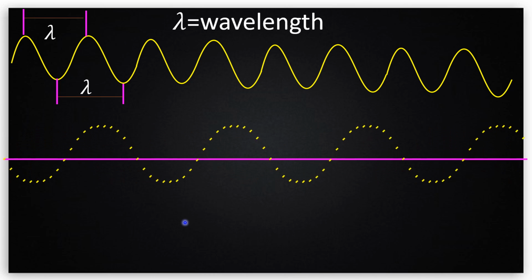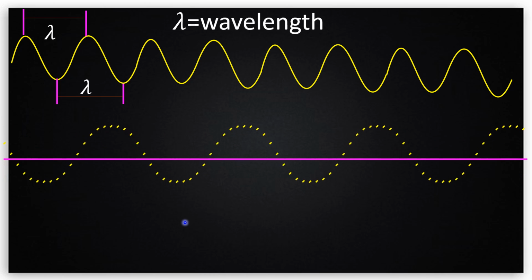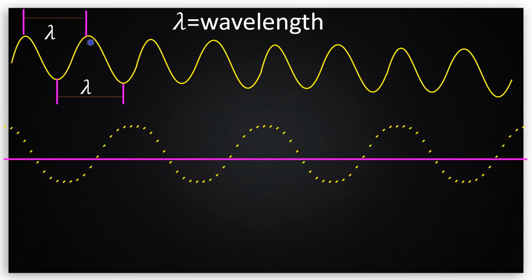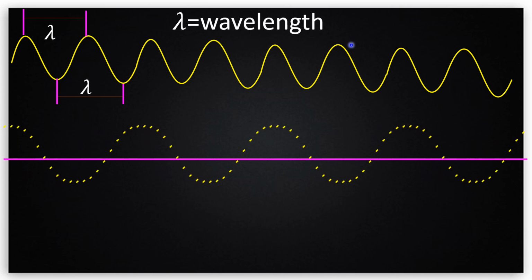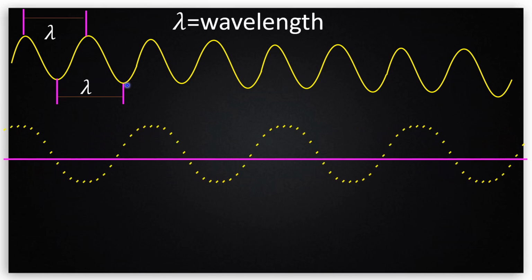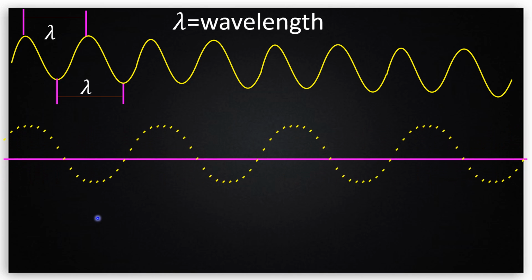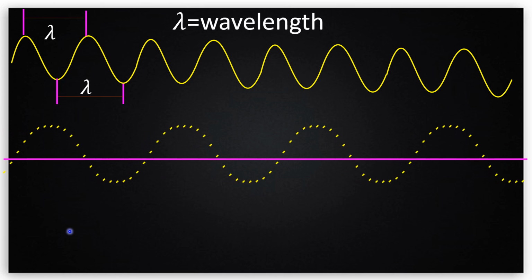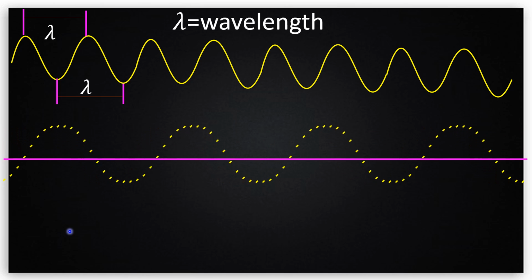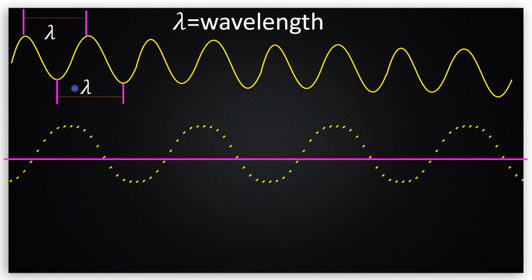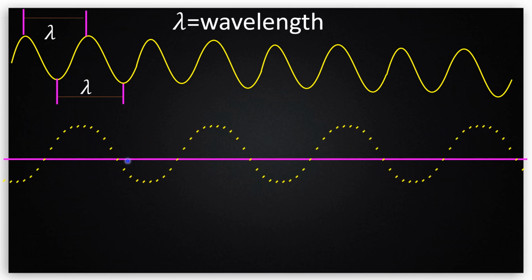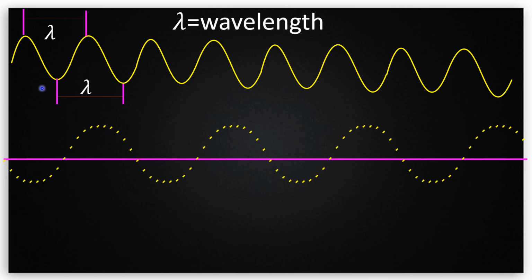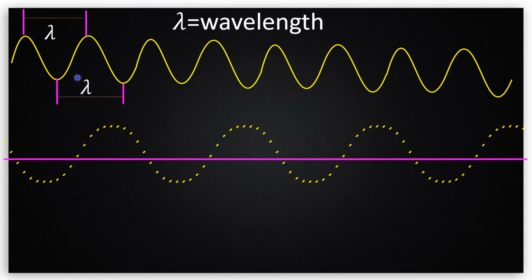Wavelength is denoted by the Greek letter lambda. These are called the crests, and these are called the troughs, isn't it? If you take a photograph of these waves at any instant of time, you will get this. So what is wavelength?